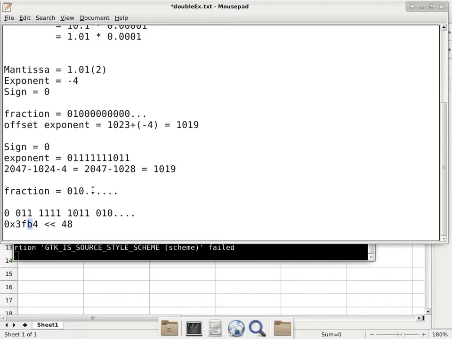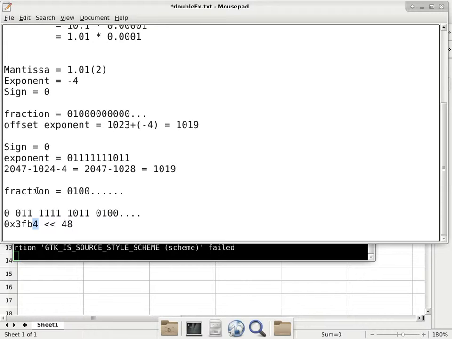And then the next 4 bits would be these 4 bits here. We're already in the fraction part. This is 0100, which is represented by a 4 in hexadecimal. Are there any questions about how we got to 3FB4 as the most significant 4 digits in hexadecimal?